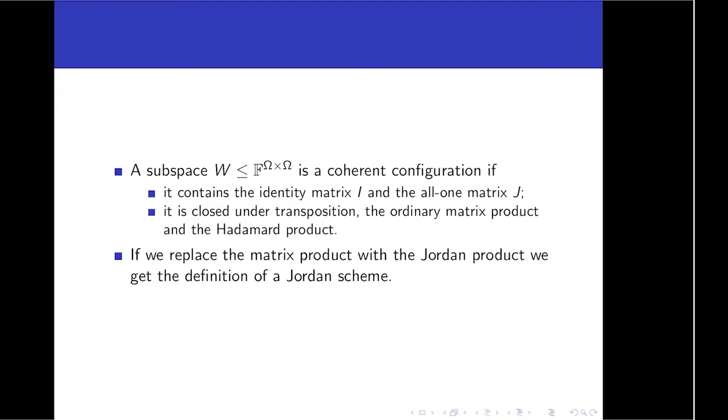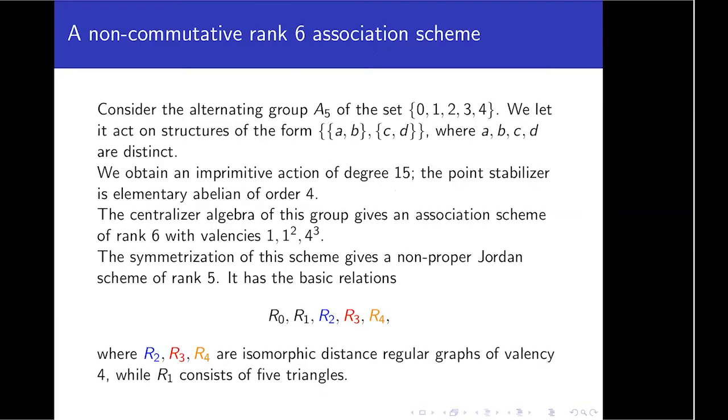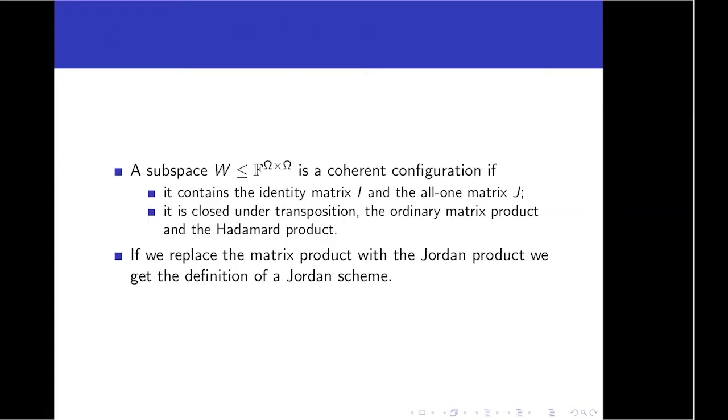If we replace the matrix product with the Jordan product, we get the definition of the Jordan configuration, or Jordan scheme. By the way, I will restrict myself in this talk to symmetric homogeneous Jordan schemes, and will not consider the more general case.